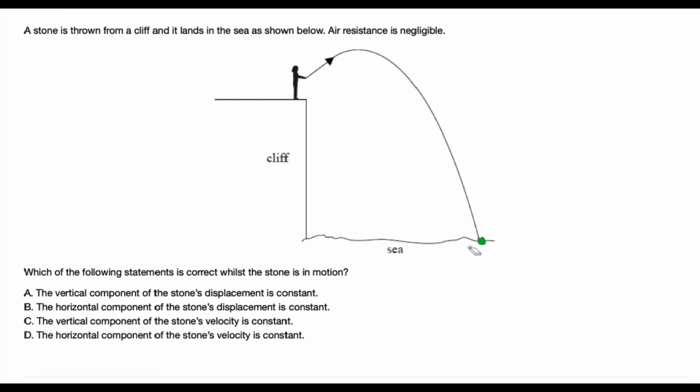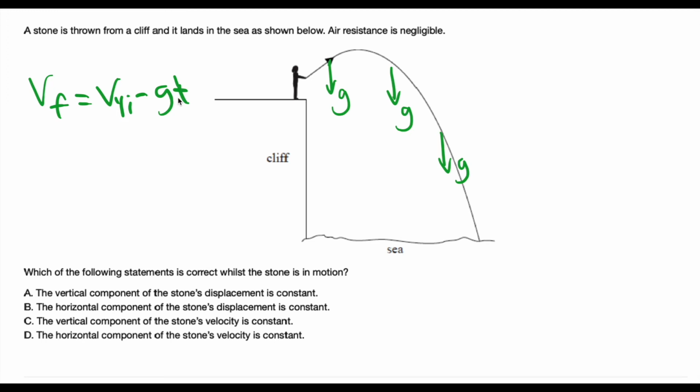During projectile motion, the object is always affected by gravitational acceleration by the planet, and this acceleration remains constant. So if there is an acceleration in the vertical direction, the velocity changes. The velocity cannot be constant if there is acceleration.